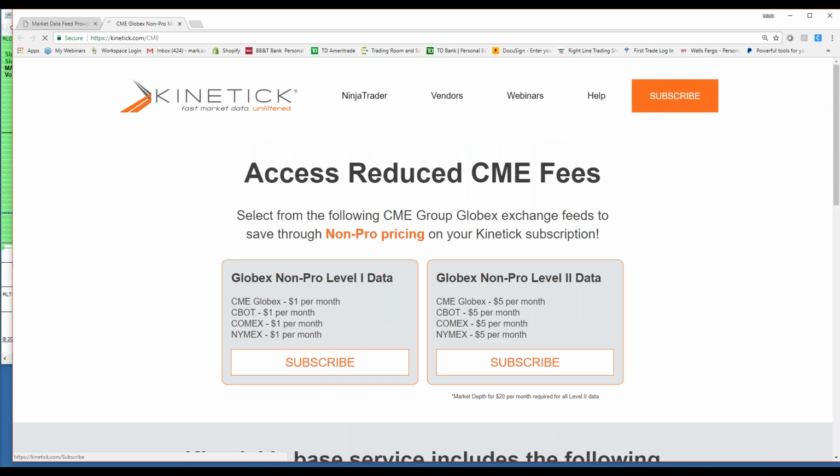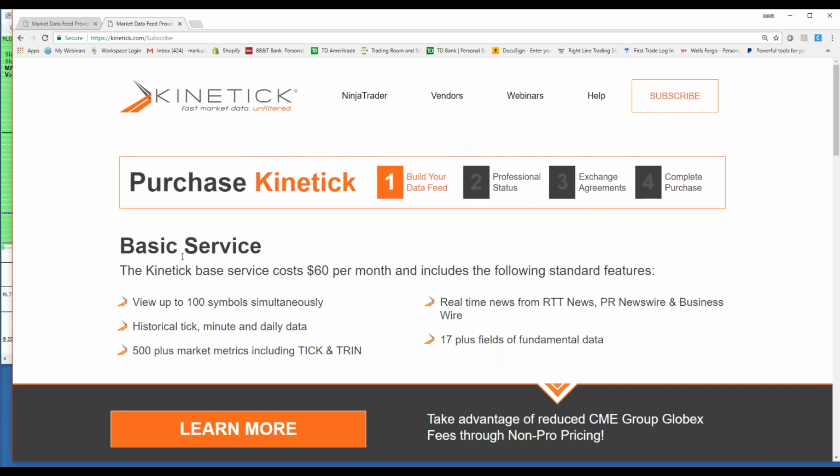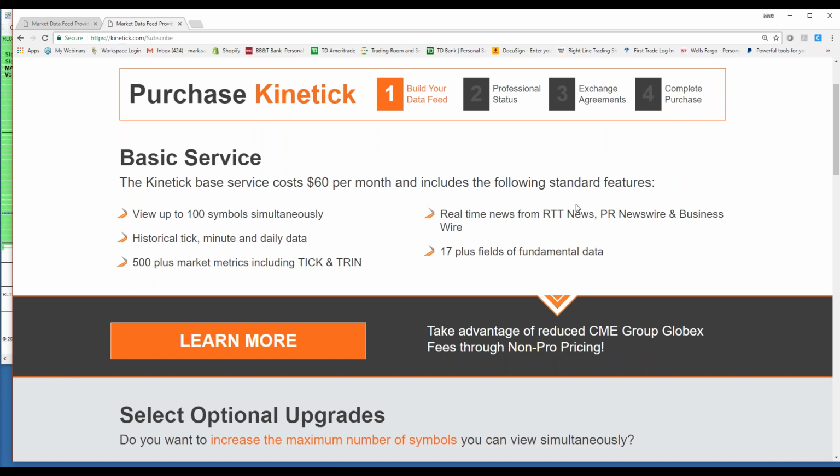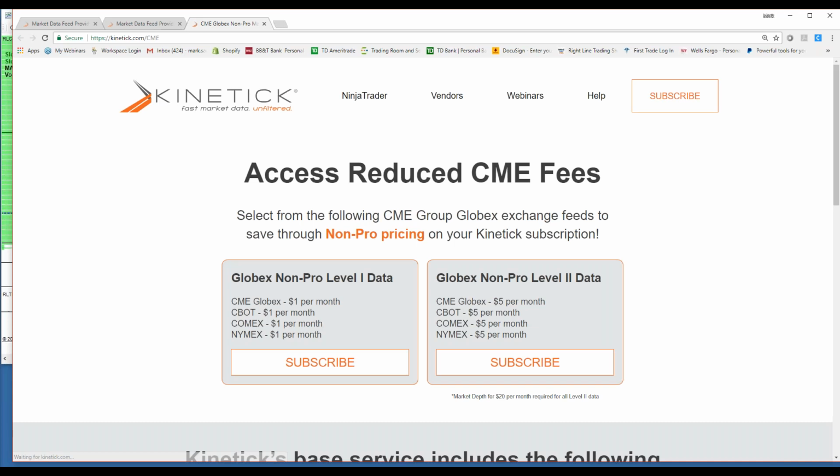Here it is, basic service. You just keep going to subscribe, and you purchase the basic service. And what you get is 500 market metrics, including the tick and trend, which we don't use. But these 500 metrics are what drive the cash.